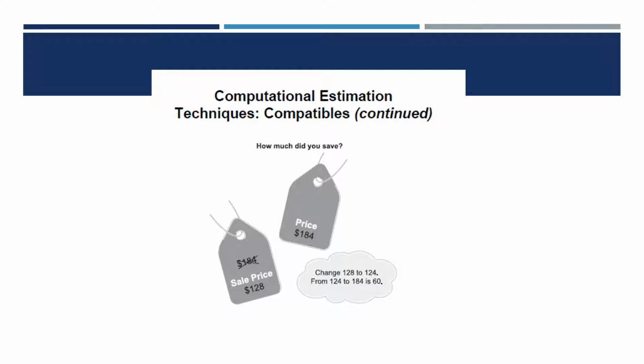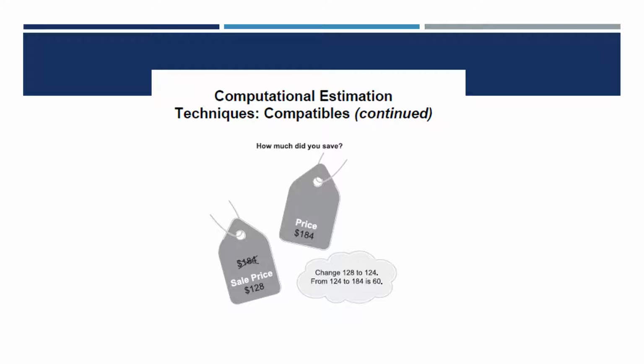I saved about $60. Now, this is something that a lot of students do incorrectly. They would actually subtract 184 minus 128 and get $56 and say about $56.